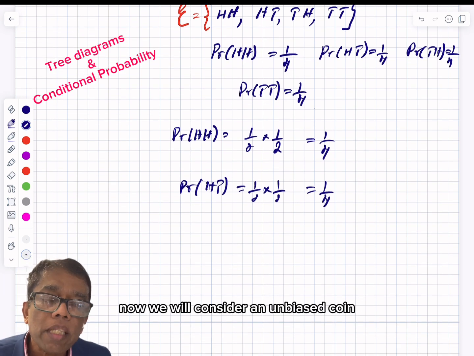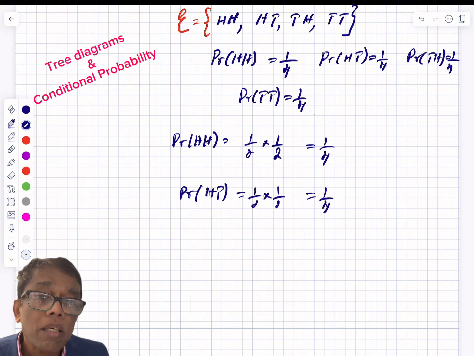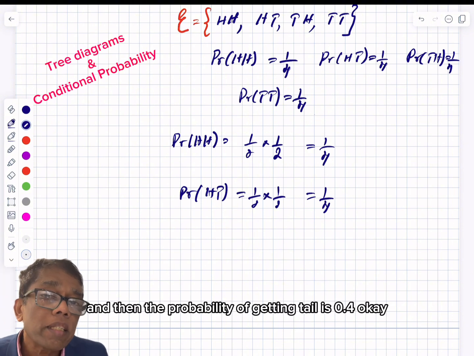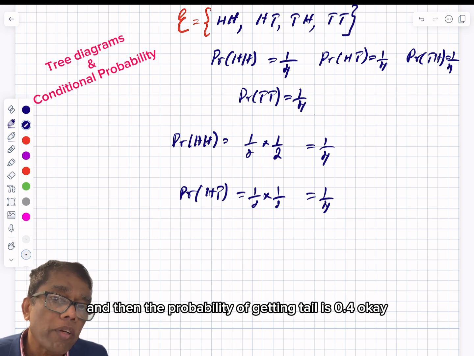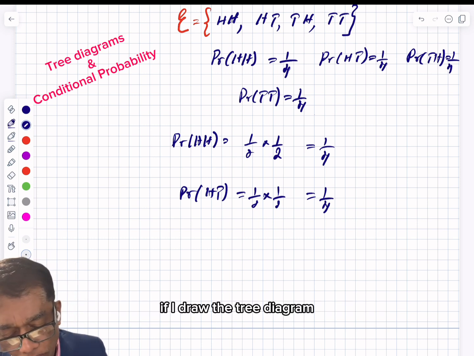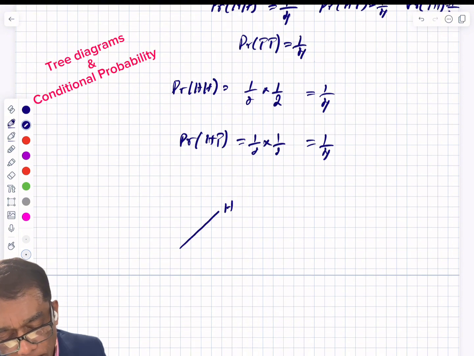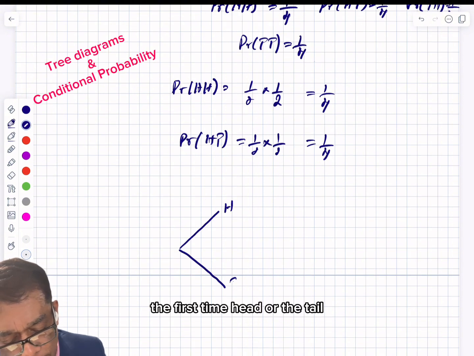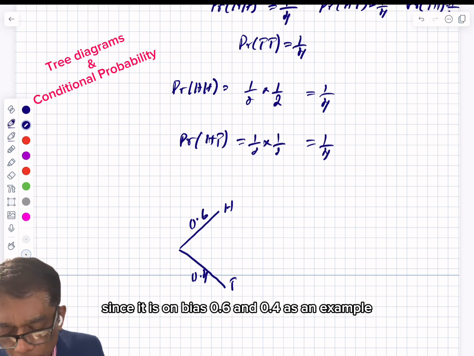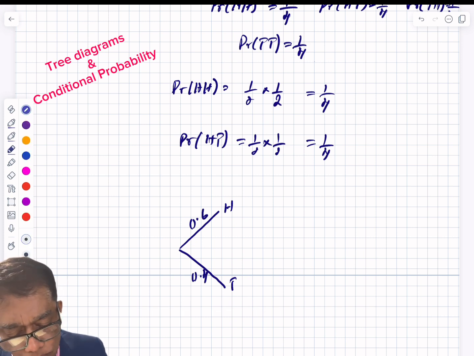Now we will consider a biased coin. The probability of getting head is 0.6, and the probability of getting tail is 0.4. If I draw the tree diagram, the first time is head or tail, with 0.6 and 0.4 as an example.